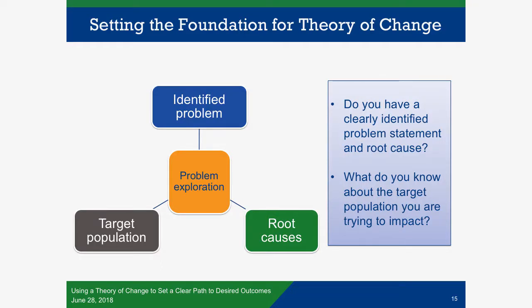So as the team begins the work of developing a theory of change, it's important to revisit what you discovered during problem exploration. After identifying a problem, teams use the process of problem exploration to determine and confirm the root cause or causes and the target population impacted.